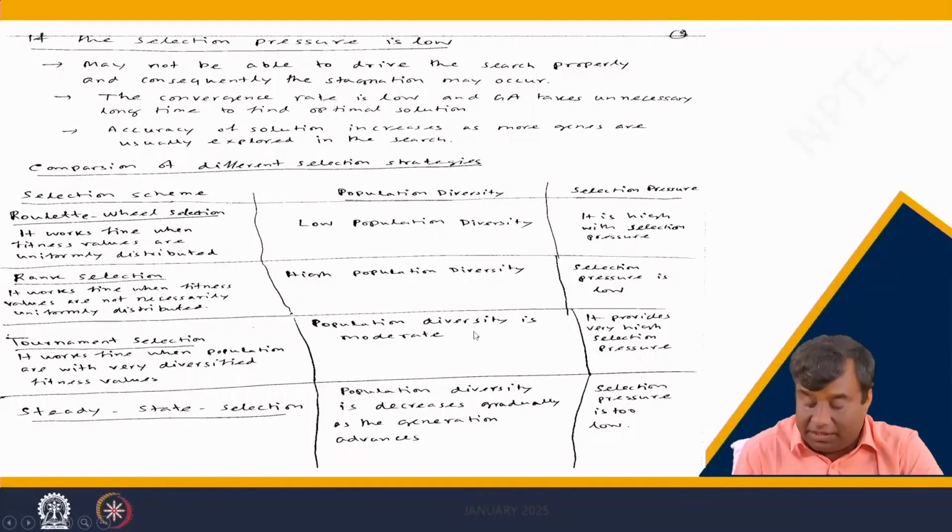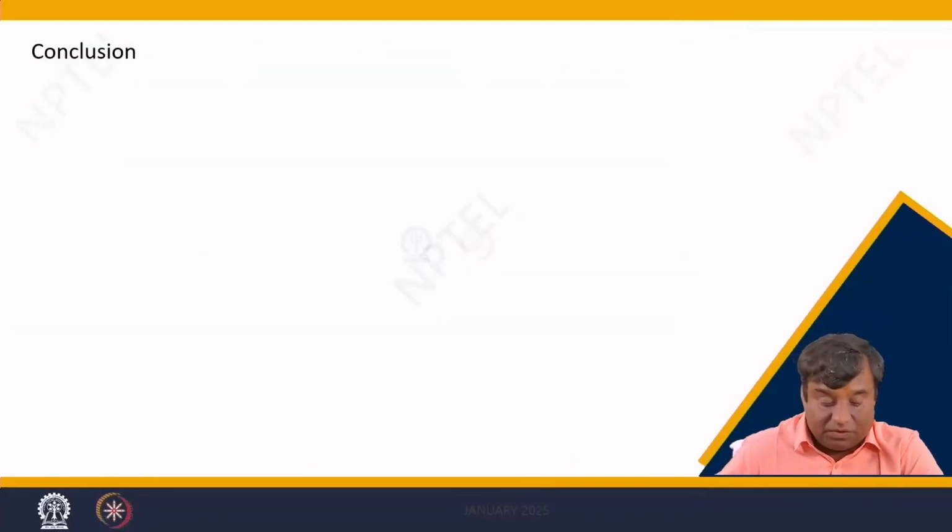Population diversity is moderate. It provides very high selection pressure. Steady state selection: population diversity decreases gradually as the generations advance, as selection pressure is too low. So that is the comparison between all selection schemes in terms of population diversity and selection pressure.